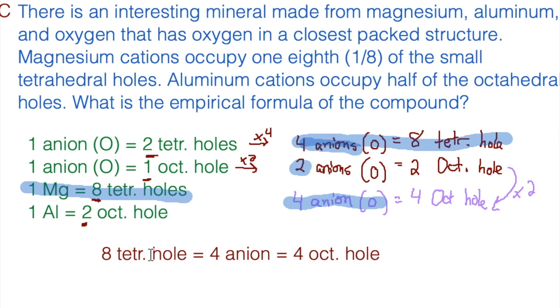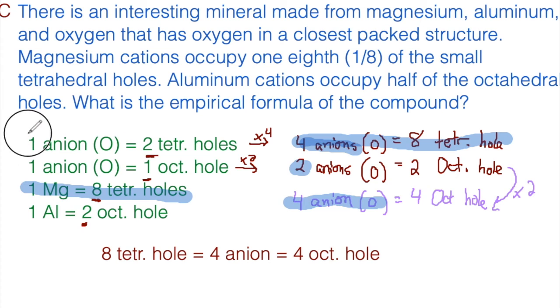So now what I have matching is that 8 tetrahedral holes equals 4 anions, and 4 anions equals 4 octahedral holes. So I have this equivalent statement down here, which makes sense. If you think about it, for every 1 anion, you have 1 octahedral hole and 2 tetrahedral holes. So with 4 anions, you would have 4 octahedral holes and 8 tetrahedral holes. So this seems to be true. This seems to make sense. I don't think I've messed anything up here.